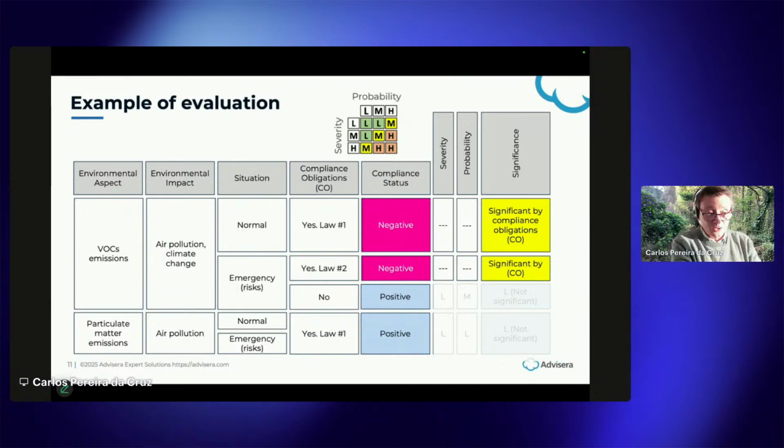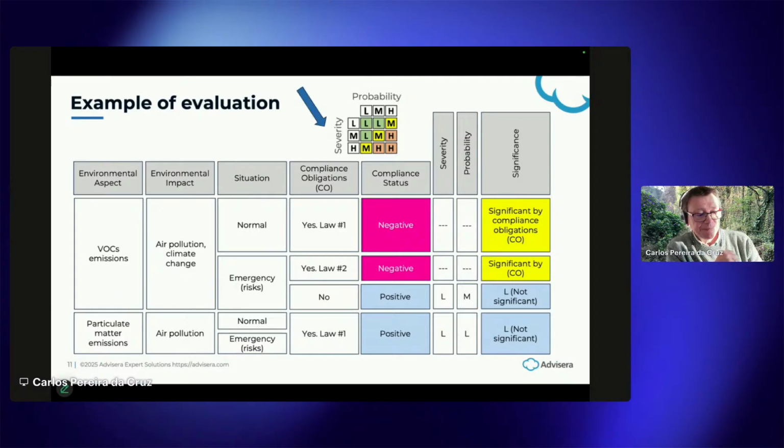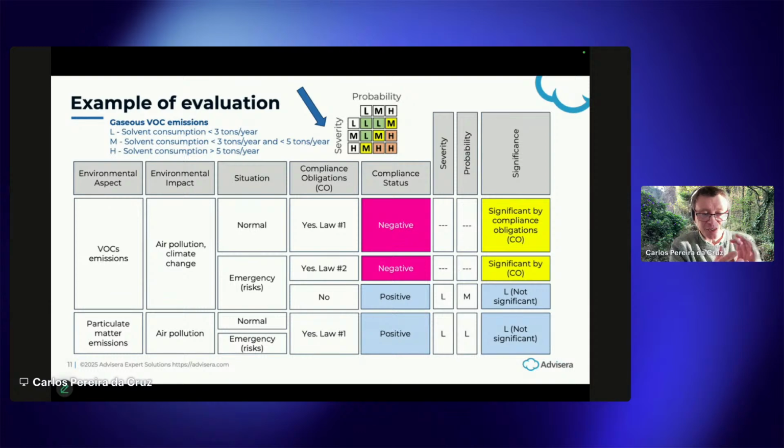In that case, we can use a matrix like this, severity and probability, and we can classify, for example, low, medium, low, and the result is, okay, not significant. In some situations, some organizations do something like this. For the severity, they use a classification based on the amount of solvents that they use.